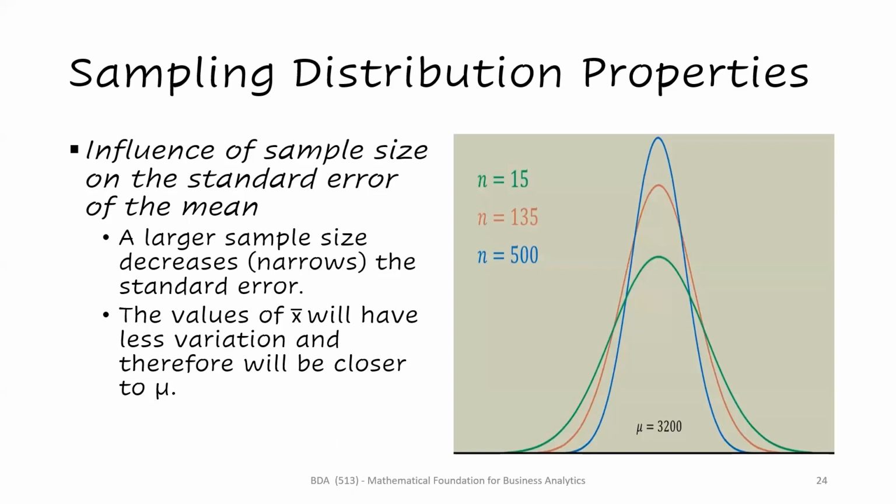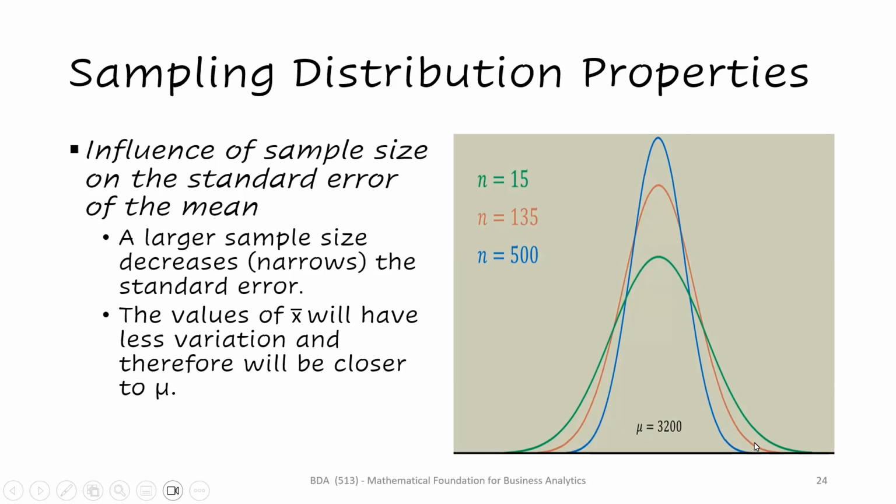So here, if we look at the influence of the sample size on the standard error of the mean, let's say where our mu is 3,200, you realize that if n is 15, our normal distribution curve is the one at the bottom. As the sample size increases to 135, it becomes more of a normally distributed curve.